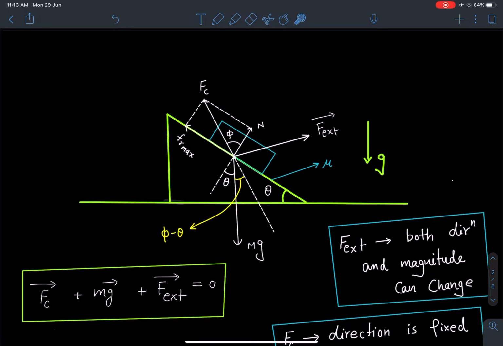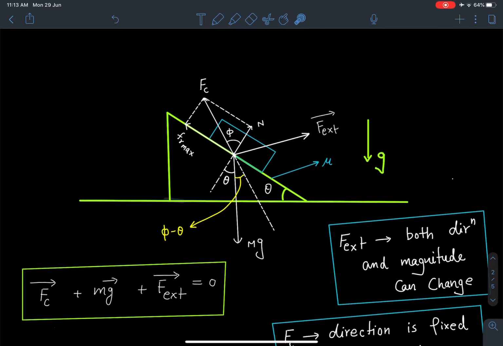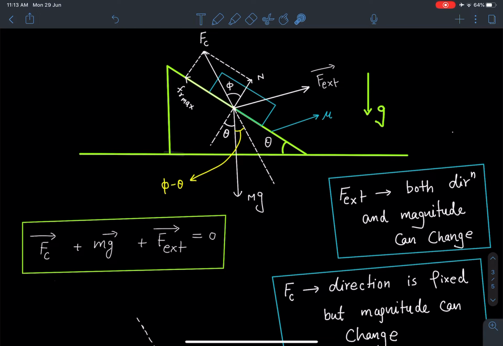But Fc has a fixed direction and its magnitude can change. As I have written here, this Fc contact force, direction is fixed, but magnitude can change. Magnitude will change based on the value of F external, and direction is fixed because at the time of slipping, when this friction is maximum, this Fc will be making a fixed angle of phi with the normal.